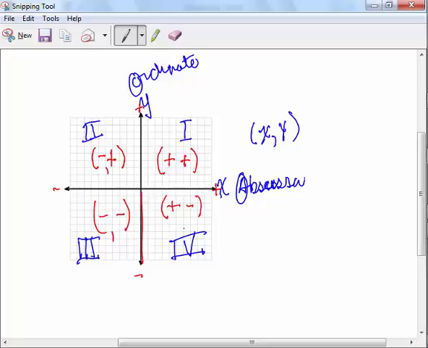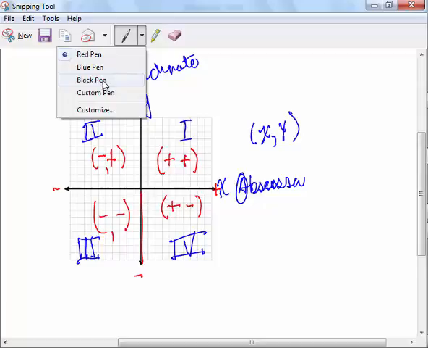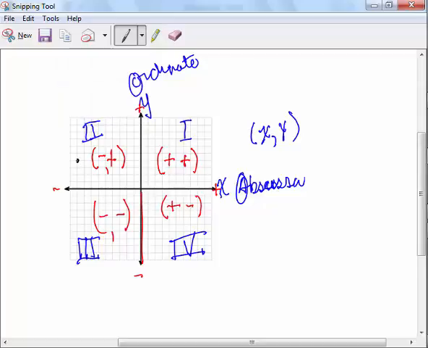Now, the other thing that's probably important to note is that if you have a point like this one right here, which is, I think, negative 8, positive 4, if you go a vertical line through here, all of these points will be negative 8.